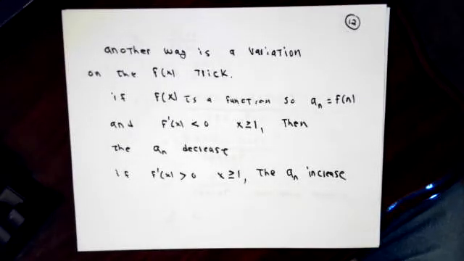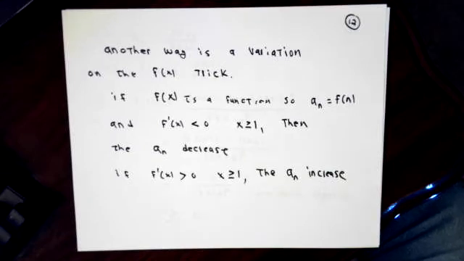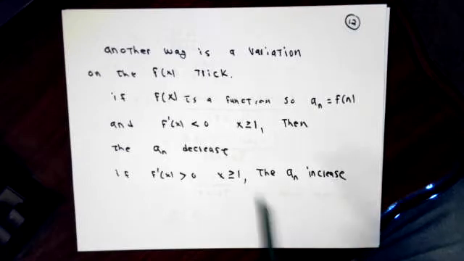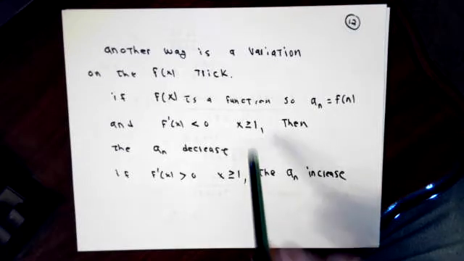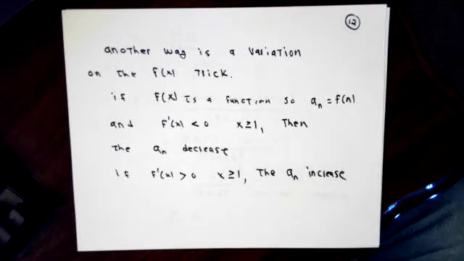Another way to think about this is a variation on a theme of the f of x trick. We'll let f of x be a function so that a sub n is f evaluated at n. If it turns out that f prime at x is negative, so the f function is decreasing over the relevant x values we're interested in, then that means that the a sub n's have to decrease also.